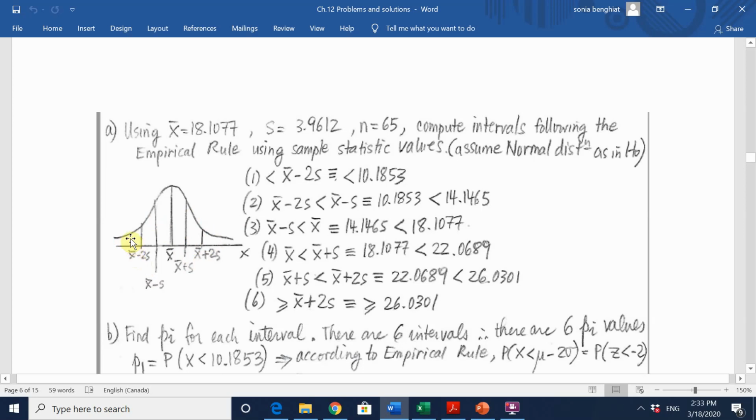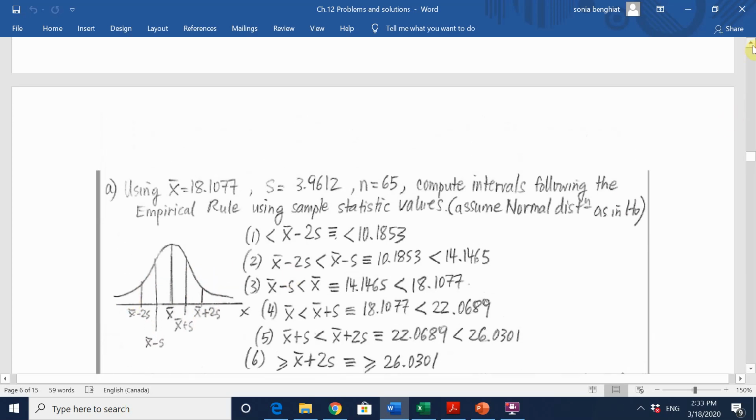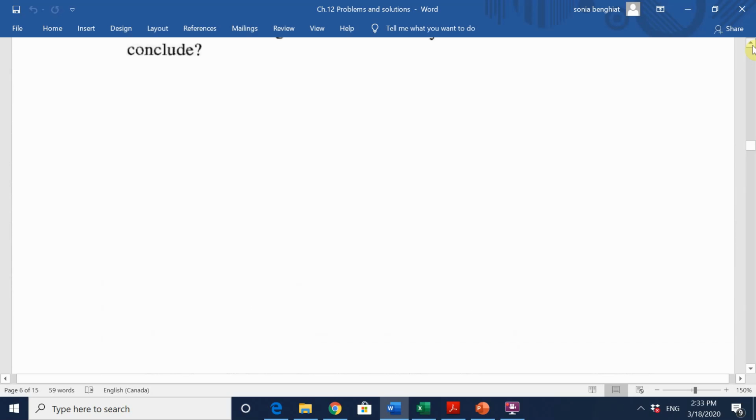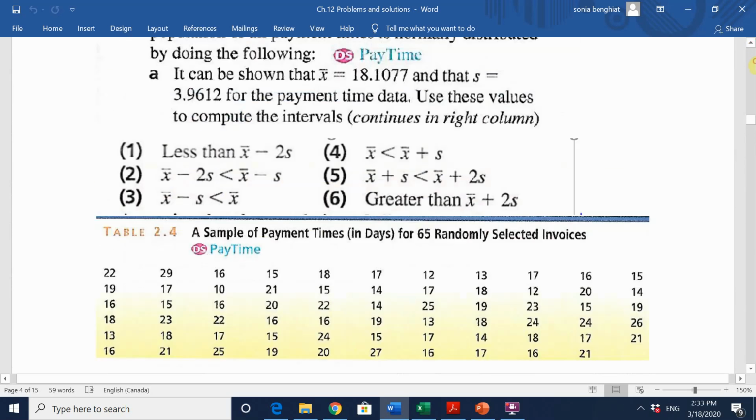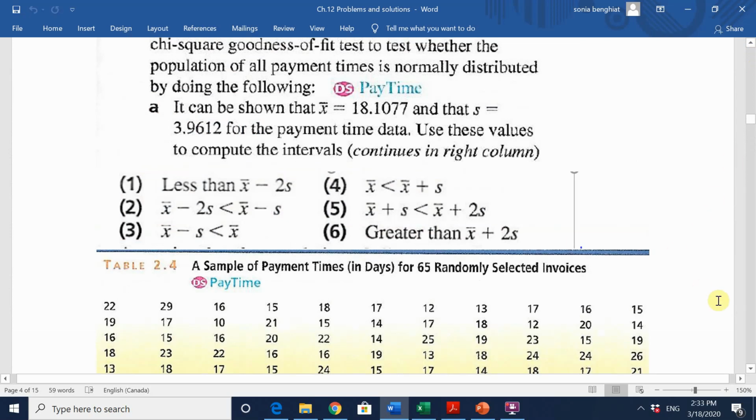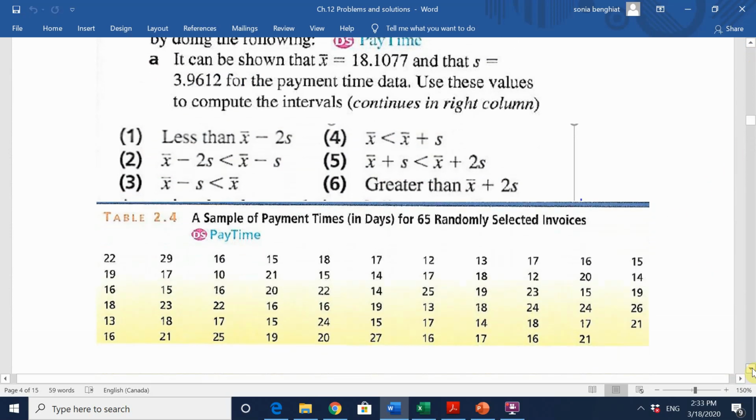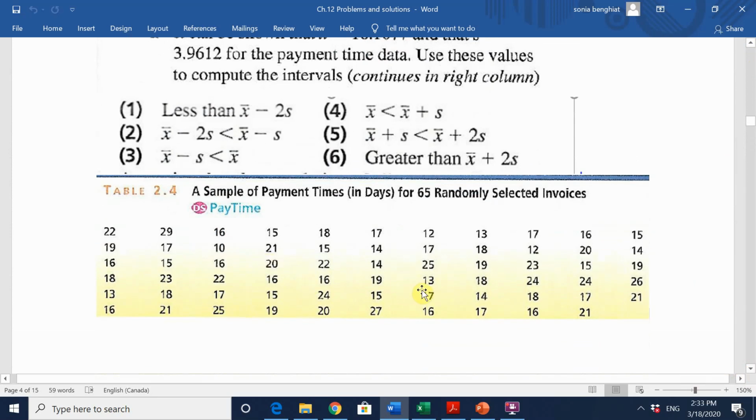And so I would need to figure out how many actual observations do I have that are less than 10.1853. If I go back to my data, I need to find that actual data point that is less than 10.1853. Not obvious. Oh, here we are. Here I've got a data point of 10, right? So that I think is the only observation I have that is actually in that interval of less than X bar minus 2S or 10.1853.